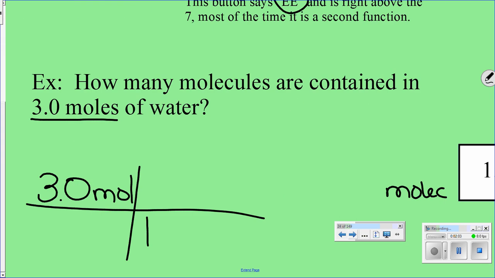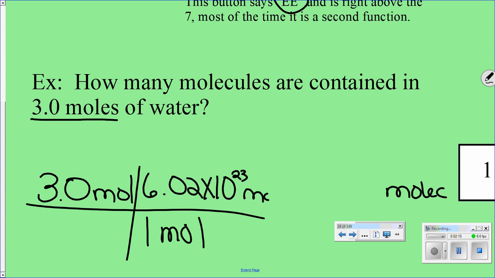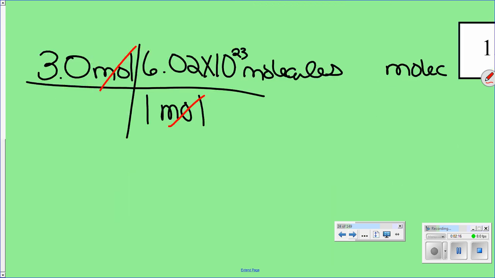So I say, okay, 1 mole is equal to 6.02 times 10 to the 23rd molecules. Moles cancel out.